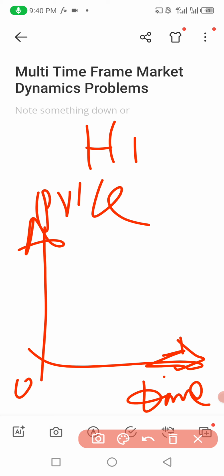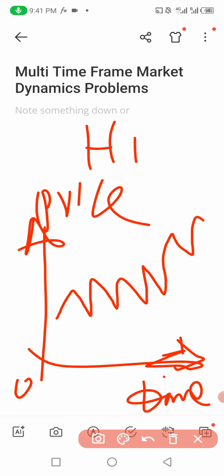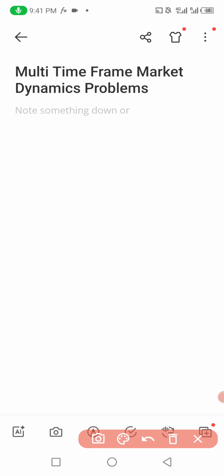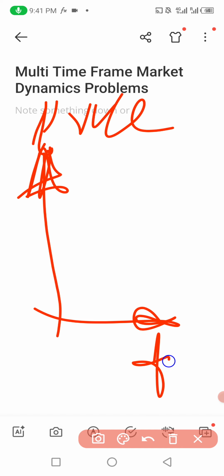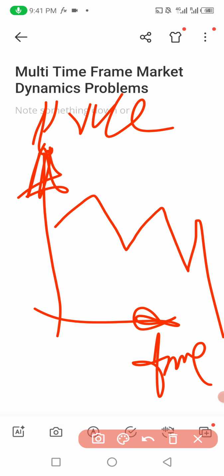Now maybe you notice some price movement where the market is doing some stuff like this. So this is a kind of uptrend, that is an upward direction. Then you get to the daily time frame, this is the price, and you notice that the market is doing something like this in the daily time frame.